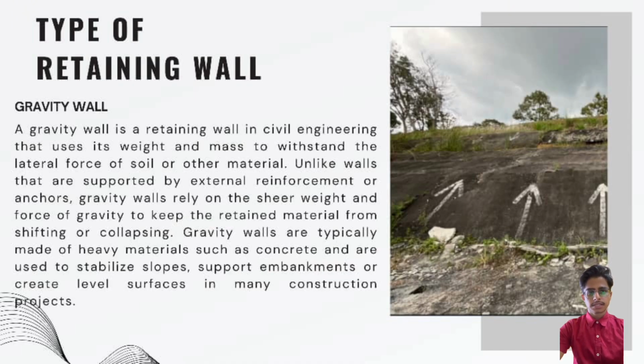Following it will be the type of retaining wall. Gravity wall. A gravity wall is a retaining wall in civil engineering that uses its weight and mass to withstand the lateral force of the soil or other materials. Unlike walls that are supported by external reinforcement or anchors, gravity walls rely on the sheer weight and force of gravity to keep the retained material from shifting and collapsing.